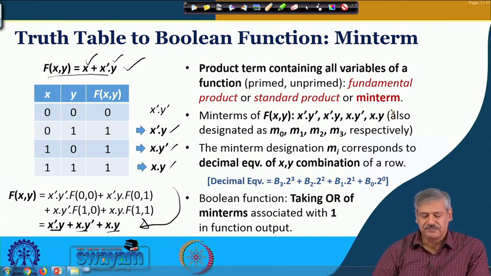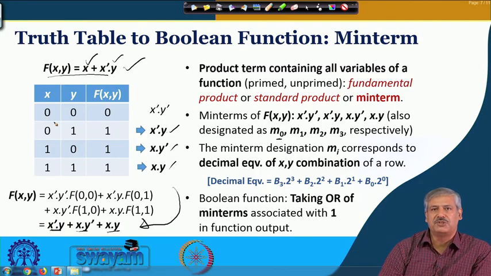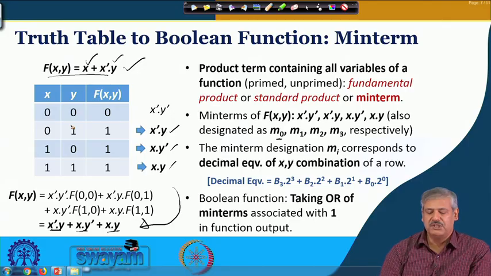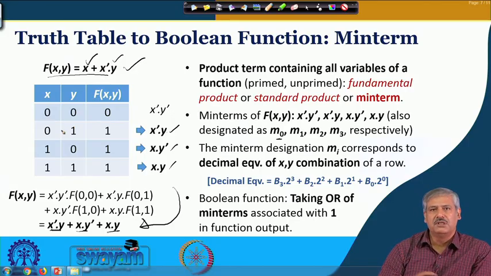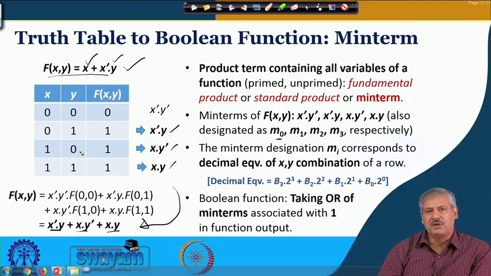For convenience, we also term them using M0, M1, M2, M3. The suffix 0, 1, 2, 3 comes from the decimal equivalent of these xy values. 0 0 is 0, 0 1 is 1, 1 0 is 2, and 1 1 is 3.